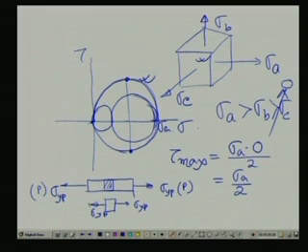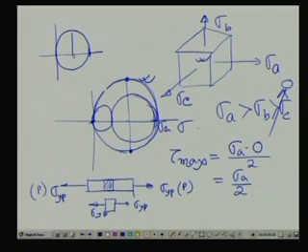Its representation in the Mohr circle is this: sigma yield point, and this is 0.